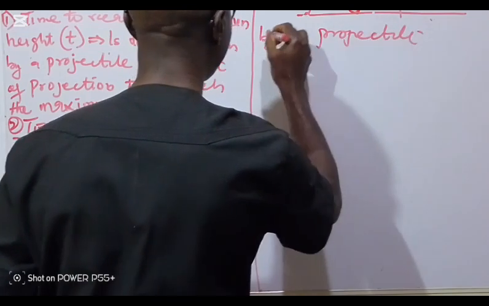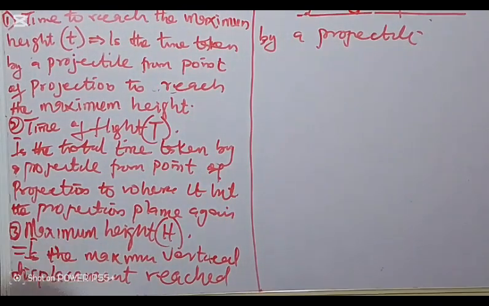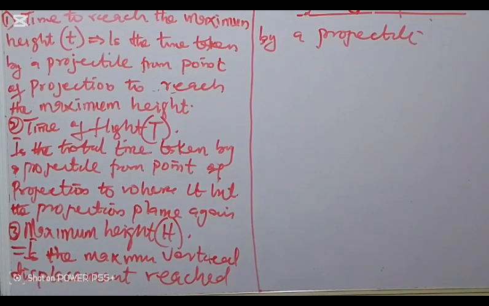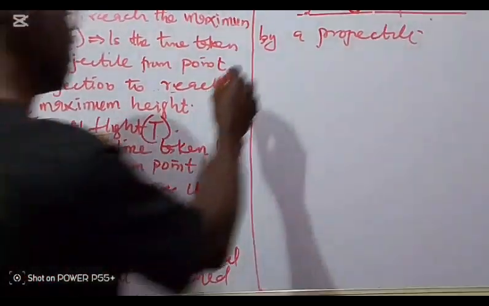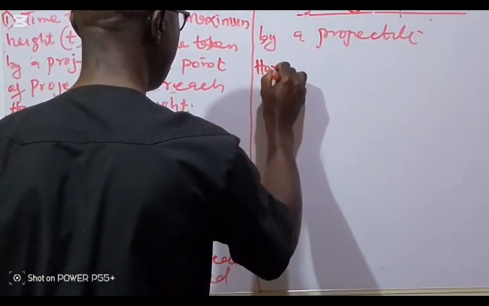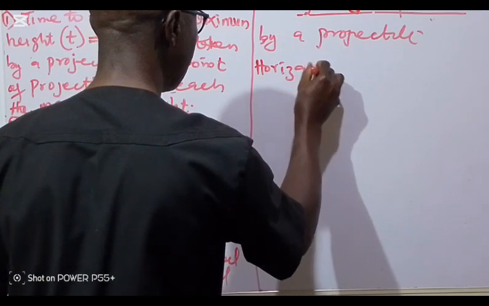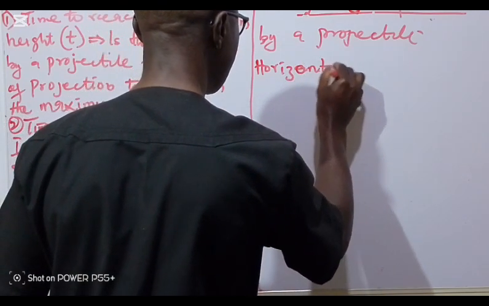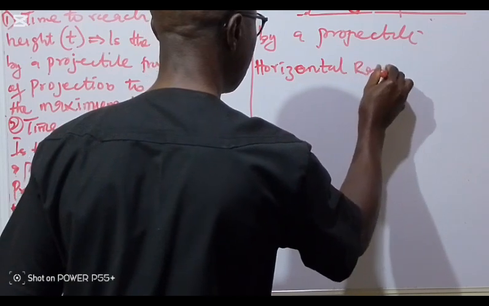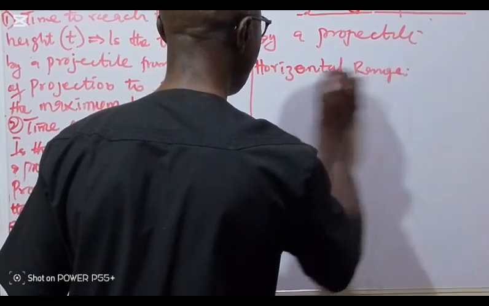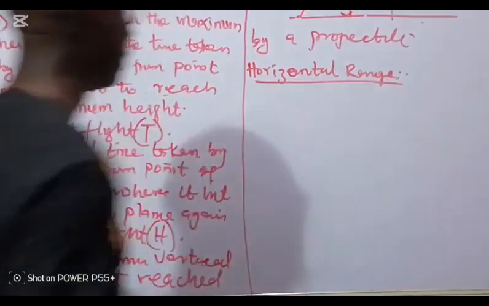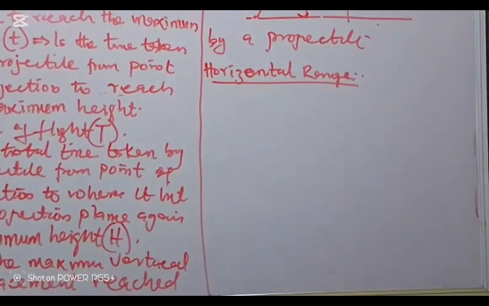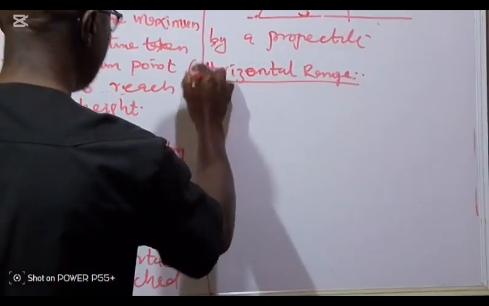That is the maximum height. Next is horizontal range. That's number 4 of the terms. Number 4, horizontal range.